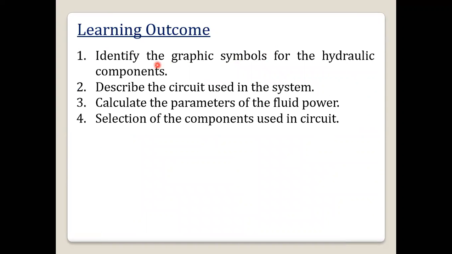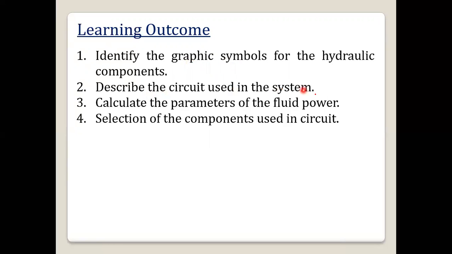The learning outcome in today's PPT is that we have to identify the graphical symbols. This identification of the graphical symbols, or ISO symbols, will be the same as in unit number 4, that is hydraulic circuits, and also in the system design.